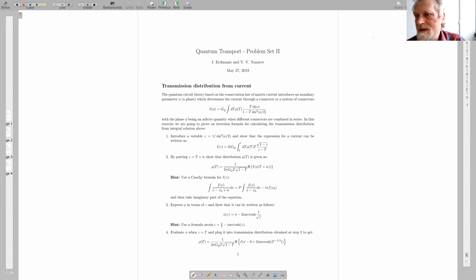So sometimes it's been given as an exercise. And the first problem of the set is surely an example of this.